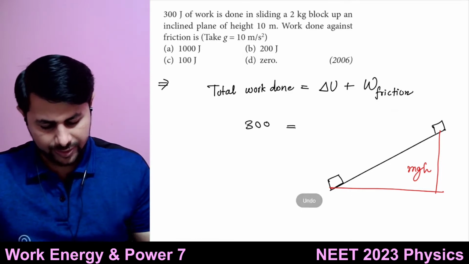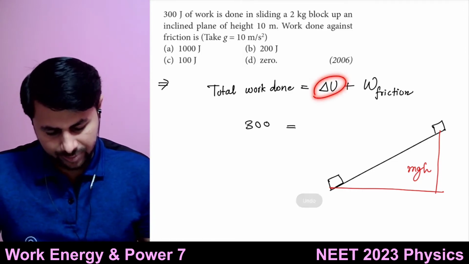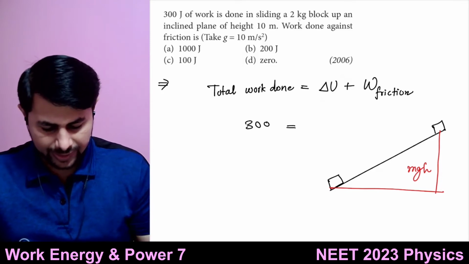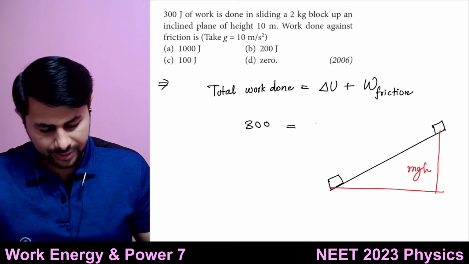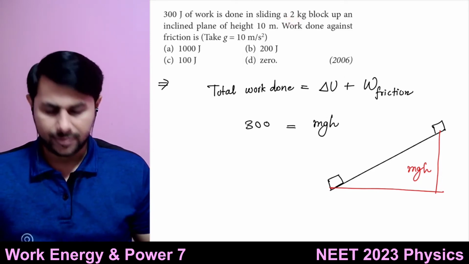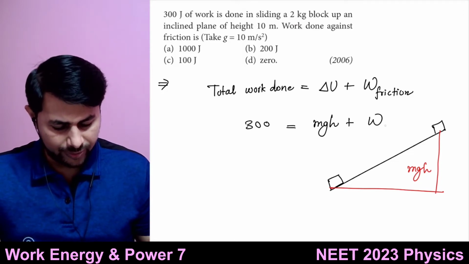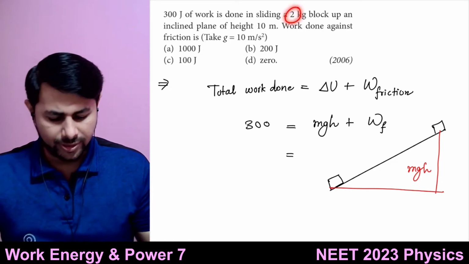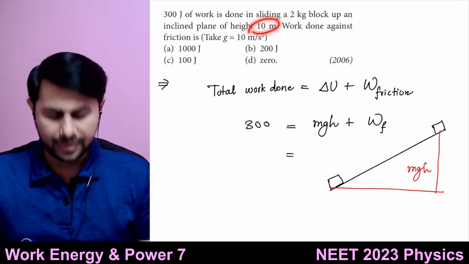This is given. And how much is the change in potential energy? It is mgh, right? Plus we want to find out work done against friction. mgh is what? 2 times g, which is 10, and height is 10.